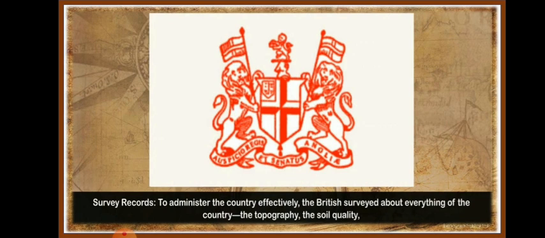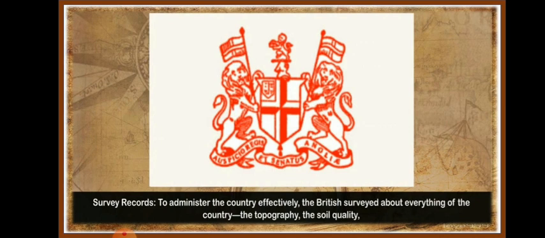Since the Britishers were new to India, for establishing an efficient administration it was necessary for them to know the lifestyle of Indians, the condition of farming in India, how the soil is, which type of crops Indians grow. All these things were very necessary, so for that only the Britishers decided to conduct surveys.